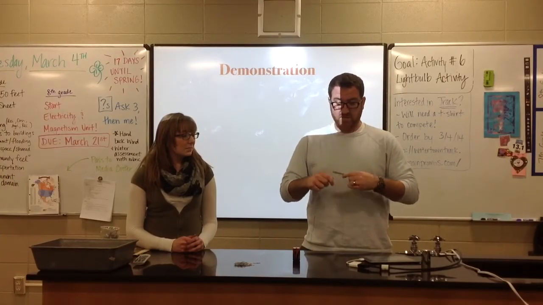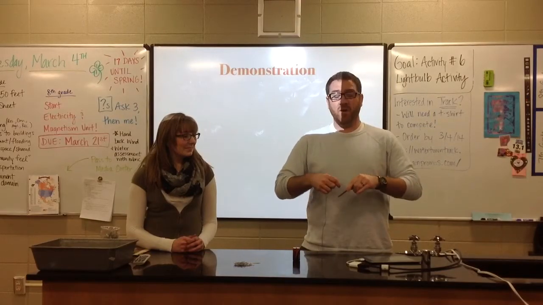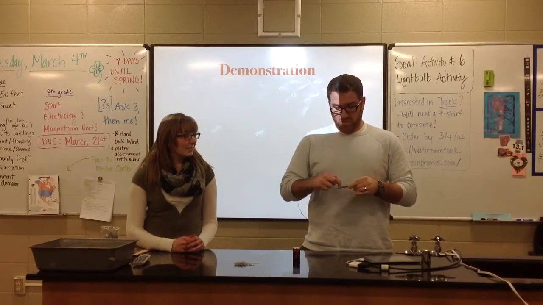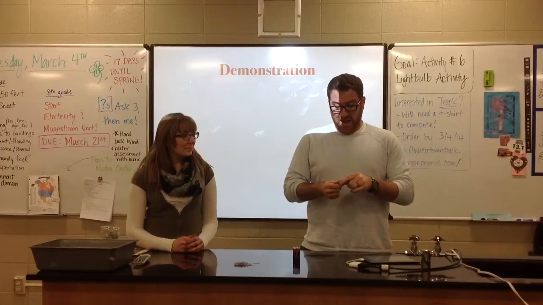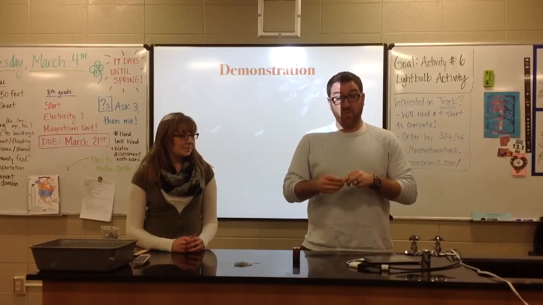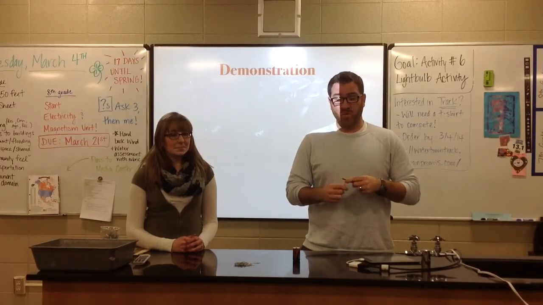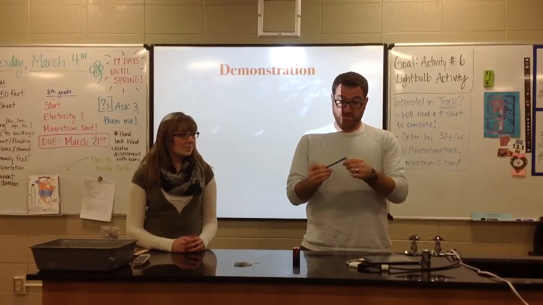So we can just continue to tighten and tighten all the way down. Organization here is key. All right, if you start looping some of these coils over the top of one another, that is actually going to kind of counteract the magnetism, and it won't be as strong. So, you're going to want to be as neat as possible when creating your electromagnet.